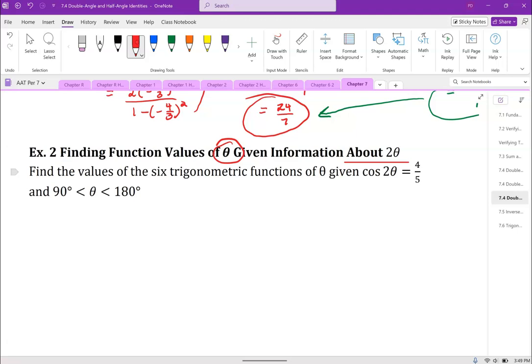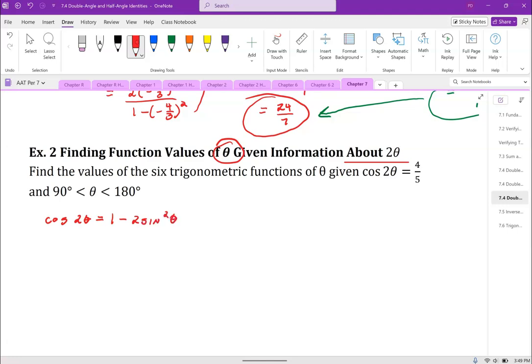90 to 180 is in quadrant 2. So we've got to find all 6 trig functions of theta given cosine of 2 theta. So honestly, I like starting with sine. So I would start with the double angle identity for cosine of 2 theta is equal to 1 minus 2 sine squared theta.